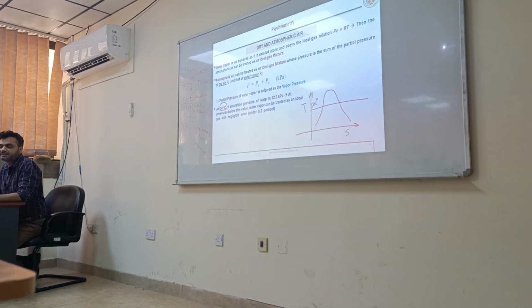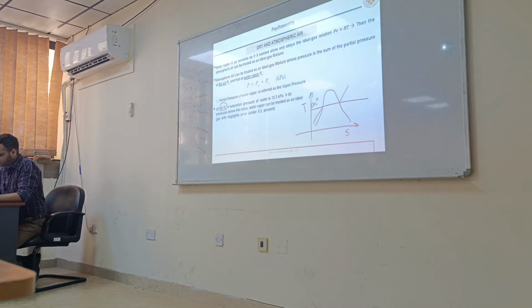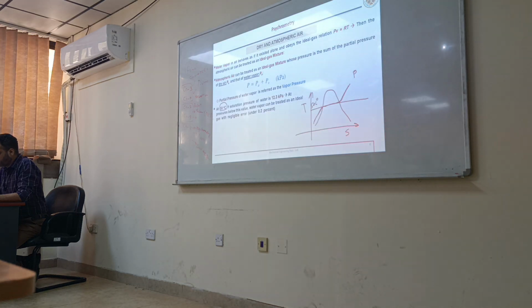This is the 50 degrees Celsius temperature line on the TS diagram. Why is water a vapor? Because at 50 degrees Celsius, what is this pressure? At 50 degrees Celsius, water will be a gas if it is here, here, here, here.